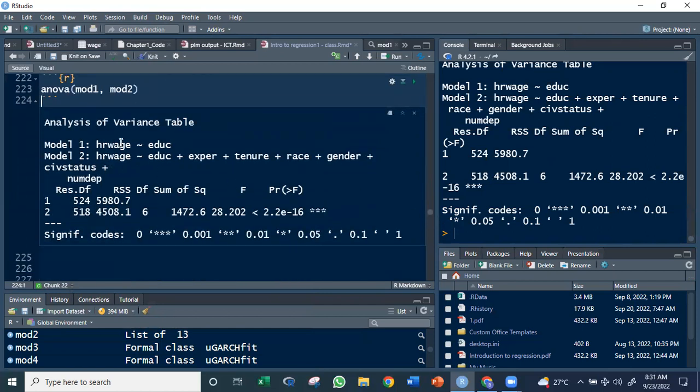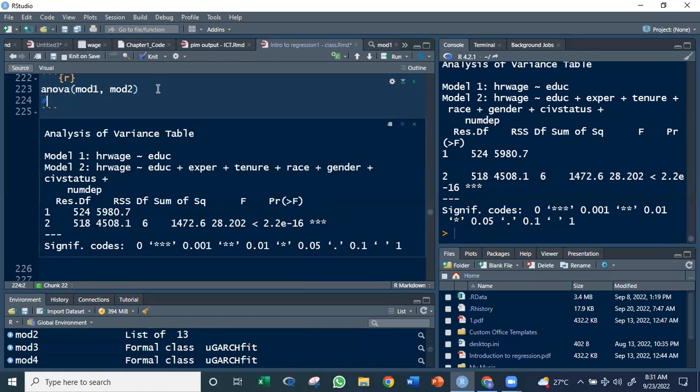Model 1 is hourly wage on education. Model 2 is hourly wage regressed on all the variables. Then we have here an F statistic, 28.202, and the probability. So what is the null hypothesis here? Let's write it here. H null.